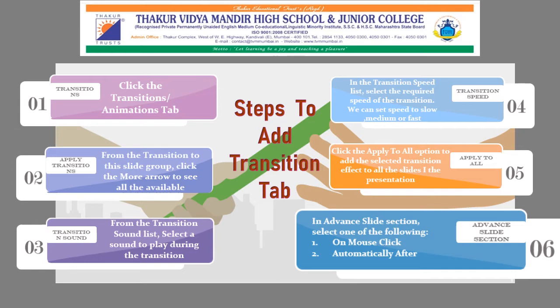Second, select the automatically after checkbox and enter the number of seconds after which the next slide should automatically appear. This means whenever we click on this checkbox and select the number of seconds, after that particular number of seconds, the slide will move from one slide to another with the transition effect that is applied.